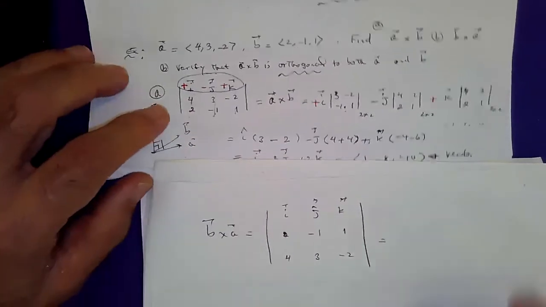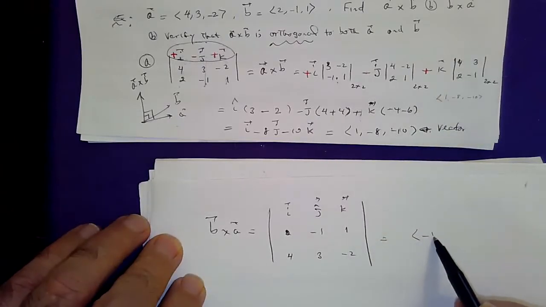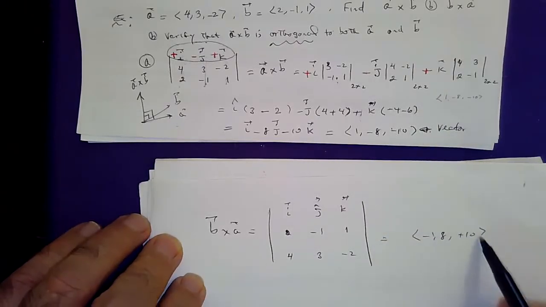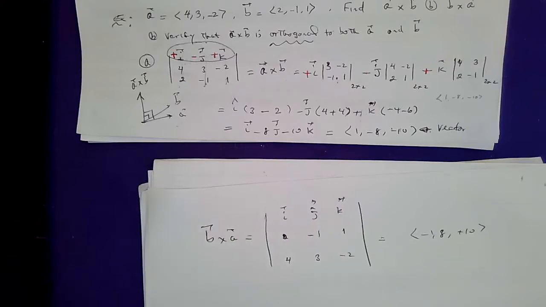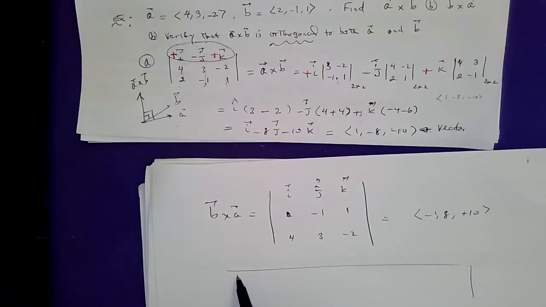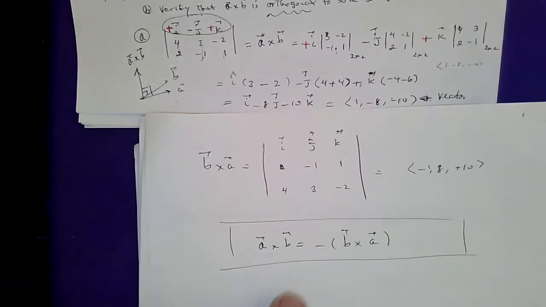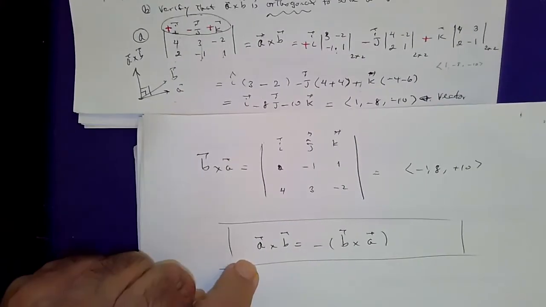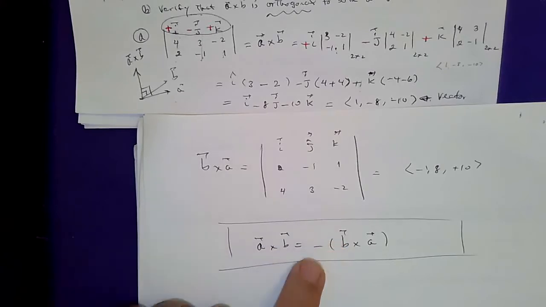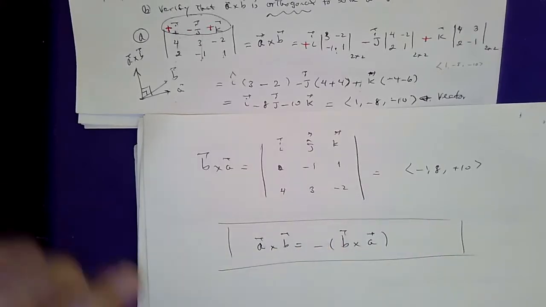Turns out the answer will be almost the same as in part A, except the signs will change. So one of the properties of the cross product, which you can discover on your own, is that the cross product is not commutative, meaning A cross B is not the same as B cross A. It's the opposite of it, as you can tell by our example here.